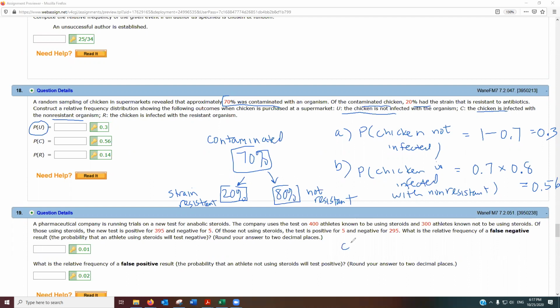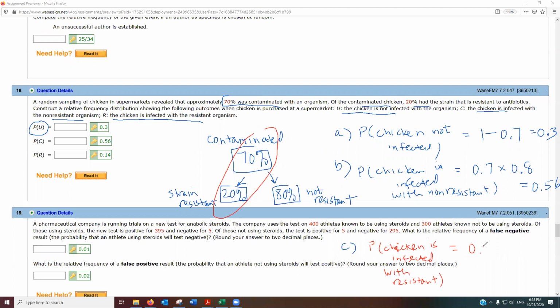All right, let's go to part C. The chicken is infected with the resistant organism. Well, in that scenario, I'm coming down this path. So the probability that a chicken is infected with the resistant organism is like an and probability, because for this to occur, the chicken would have to be contaminated and would have to have a resistant strain.